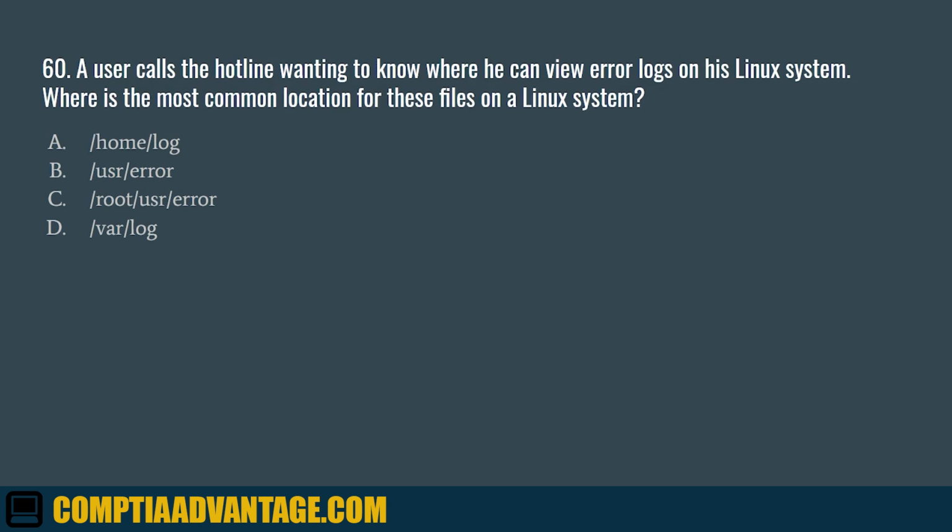Question 60. A user calls the hotline wanting to know where he can view error logs in his Linux system. Where is the most common location for these files on a Linux system? A. /home/log, B. /user/error, C. /root/user/error, D. /var/log.